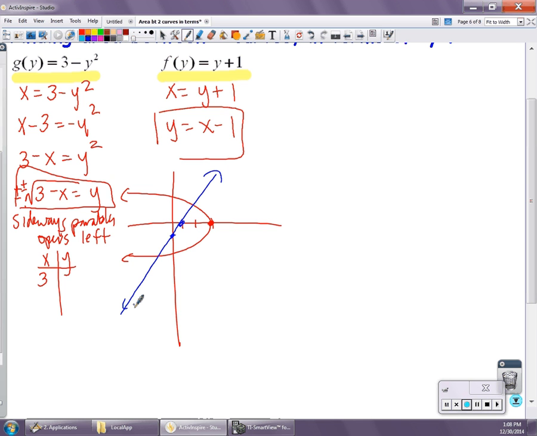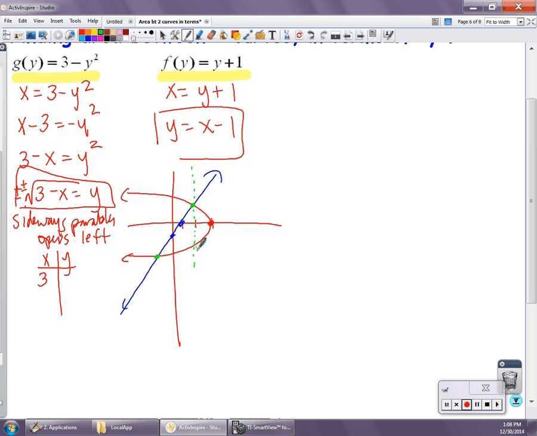Now the reason that I'm going to go in terms of y instead of in terms of x, notice I have my point of intersection number 1, and I have my point of intersection number 2. And if I go in terms of x and I sweep the area from left to right, everything is fine until I get to here.